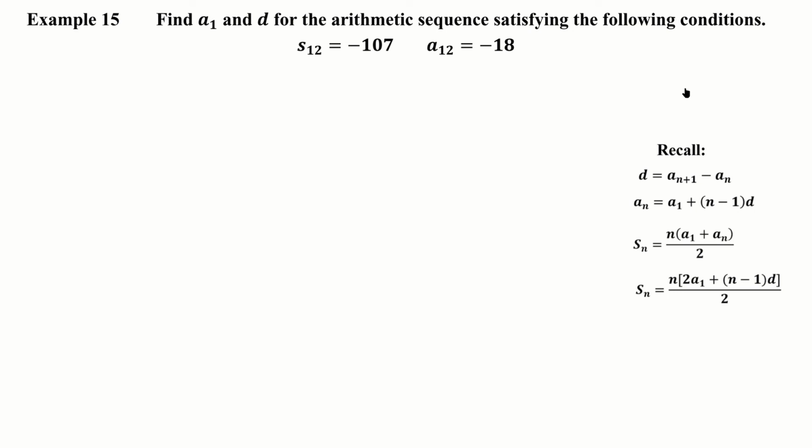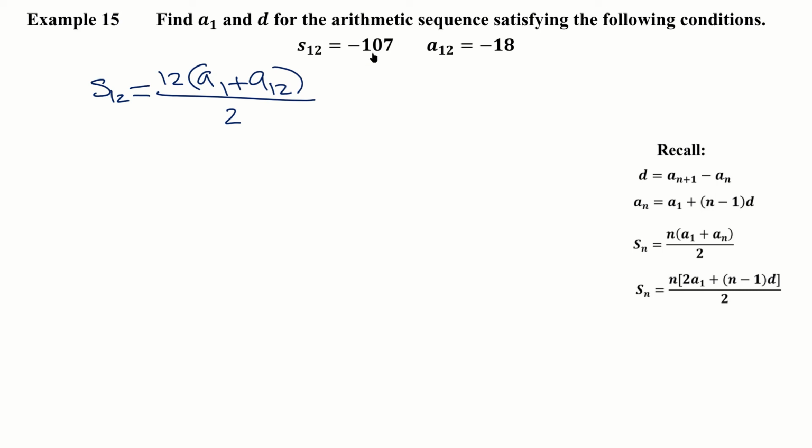So we have S12 is equal to n, which is 12, times A1 plus An. I don't know A1, so I'm going to keep it as A1 plus An, which is A12, over 2.